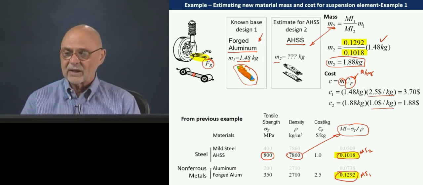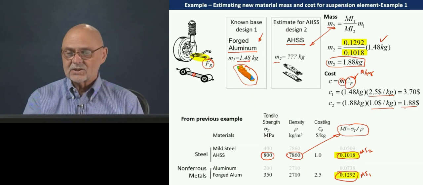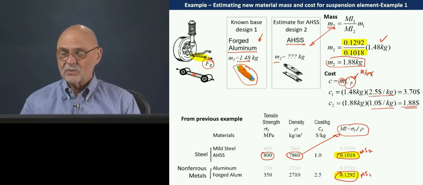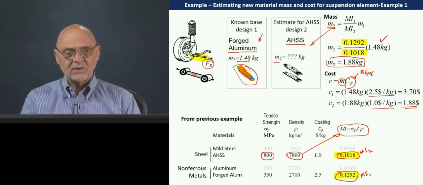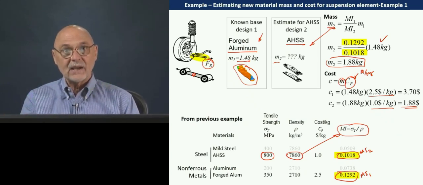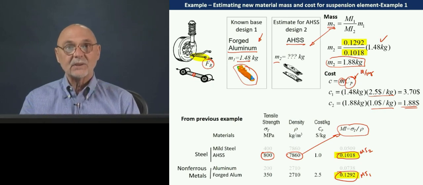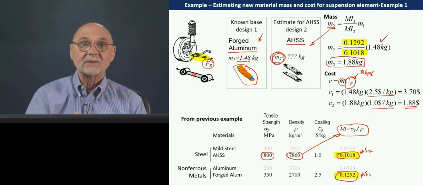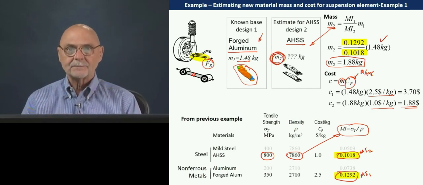This gives us some idea of the cost savings. It's for really preliminary design, a little better estimate than using the material index alone to calculate the specific mass that would result.